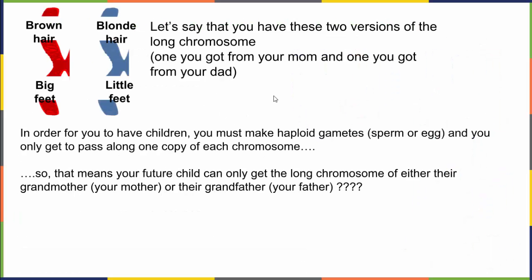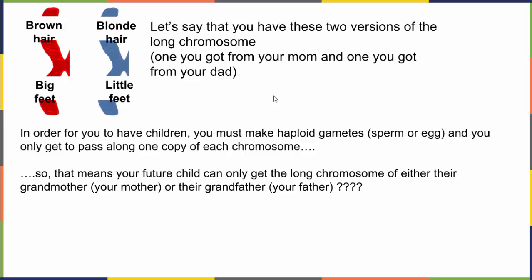So, if we look at some examples, let's say that this is your long chromosome. And let's just say that the genes on it are a hair color gene and a feet size gene. The version from mom, we'll say the red version, has the brown hair recipe and big feet. And the one from dad has a blonde hair recipe and a little feet recipe.